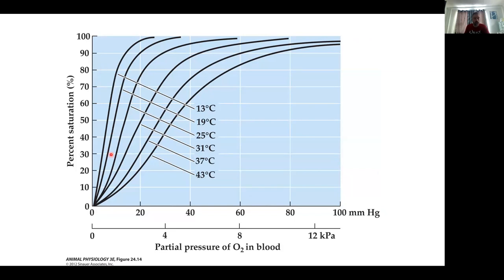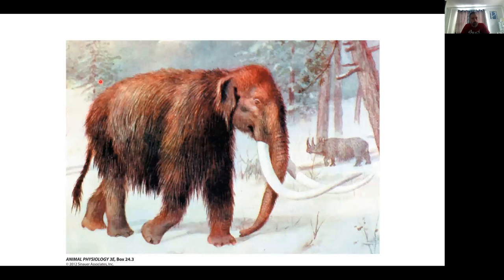Our P50 is really, really low. Is it possible that the P50 can drop so low that we actually don't drop off any oxygen? That our curve has shifted so far to the left that the affinity for oxygen and hemoglobin is so high it will never let it go?